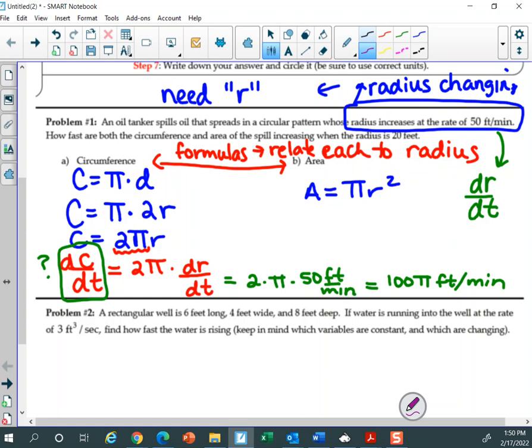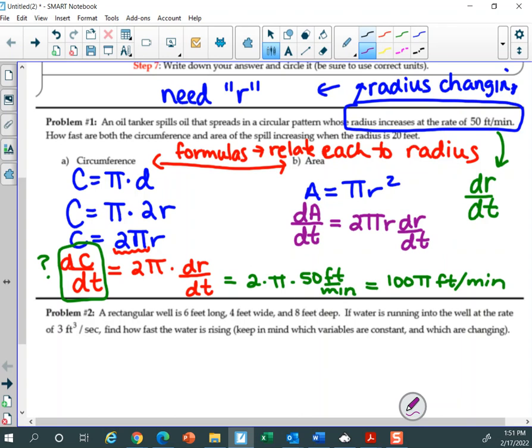Okay, so let's take the derivative of the area function with respect to time. What should I write? How about, let's start with this, dA/dt. How about 2 pi, just r, dr/dt?